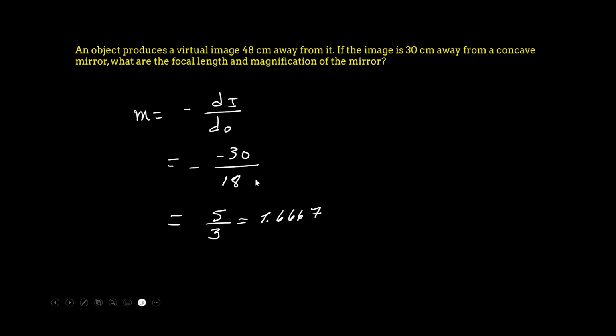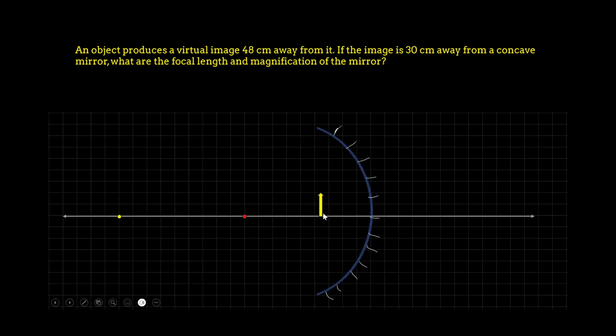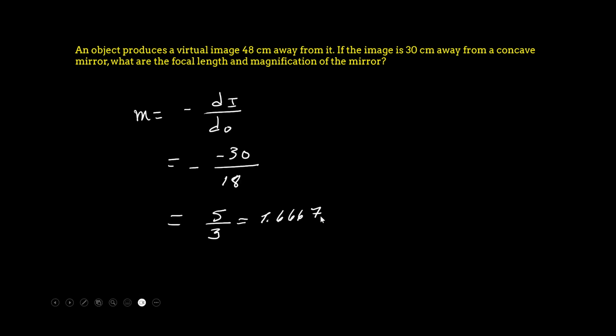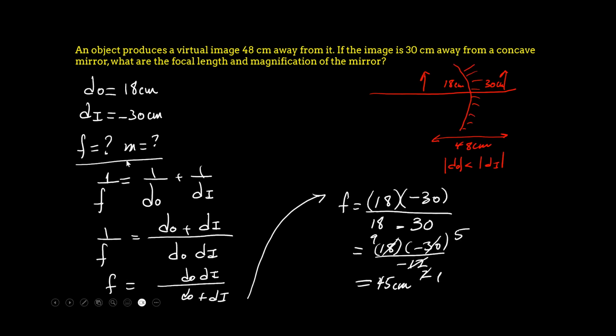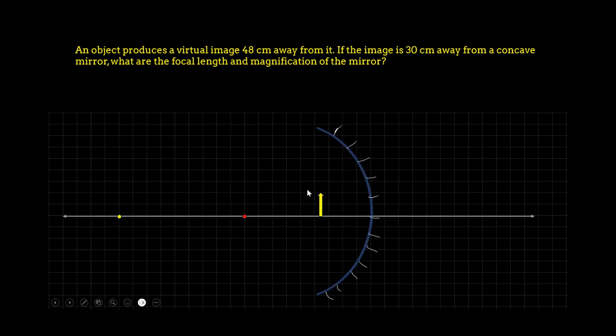So let's do the ray tracing. Here's the object. I put it at 18 centimeters. The image is 45. So again, a ray parallel goes through the focal point right here.